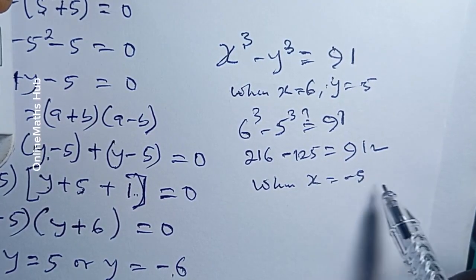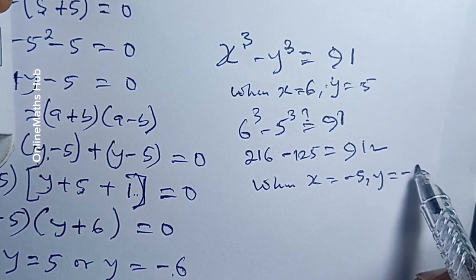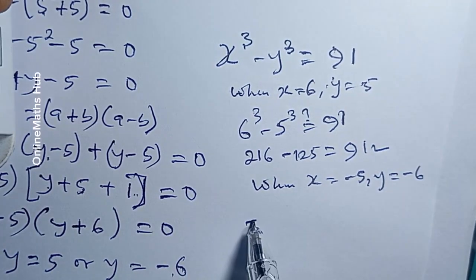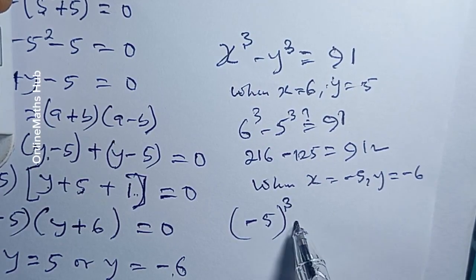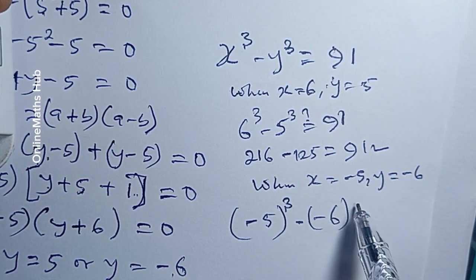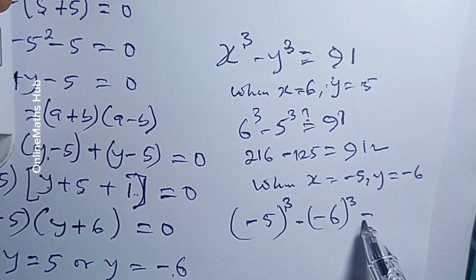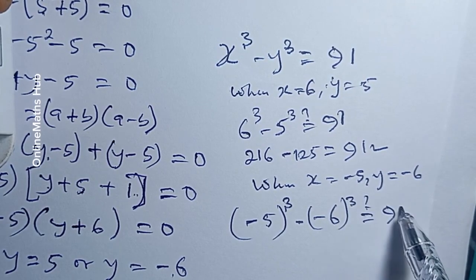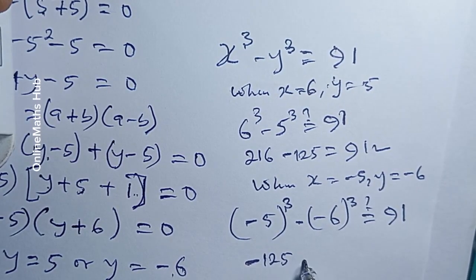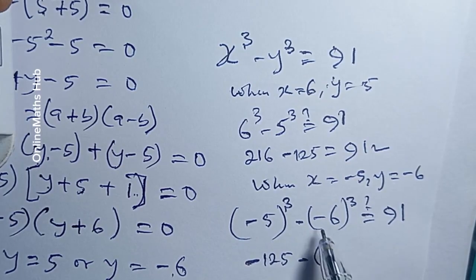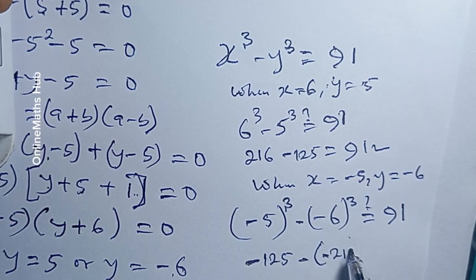And then for the second terms, when x is equal to negative 5 and y is equal to negative 6, what are we going to have? We have negative 5 to the power 3 minus negative 6 raised to the power 3. Would this be equal to 91? This is going to give you negative 125, minus, and this will still give you negative 216.